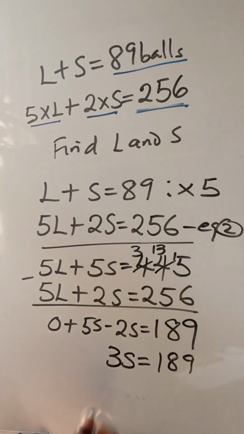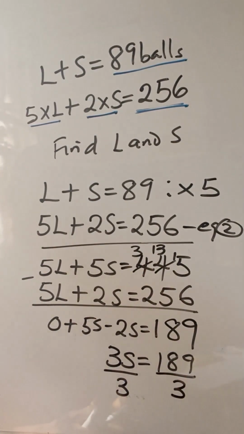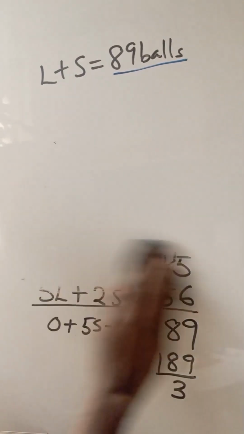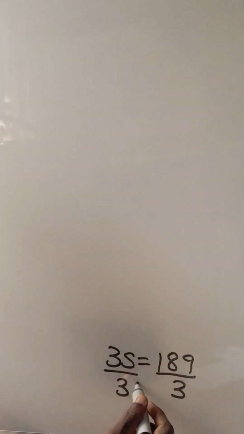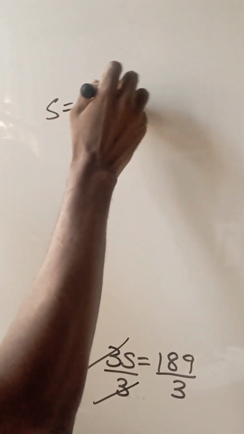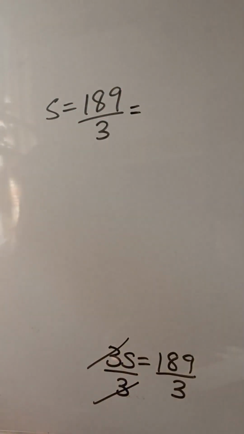So what do we do to get S? Divide both sides by 3. So if we divide both sides by 3, we are going to see that S will be, so this cancels out, so our S is 189 divided by 3.